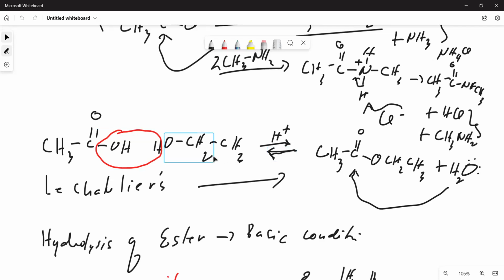So in order to prevent this, if there is an equilibrium, if you recall, according to Le Chatelier's principle, you can shift the reaction forward if you increase the concentration of the reactant. So either carboxylic acid or alcohol, no? This will shift forward and then you remove the water by evaporation so that it will always go forward to the product, okay?